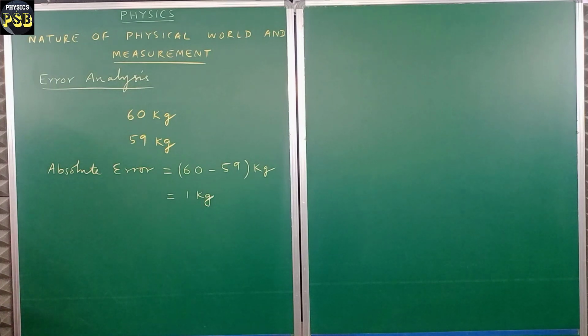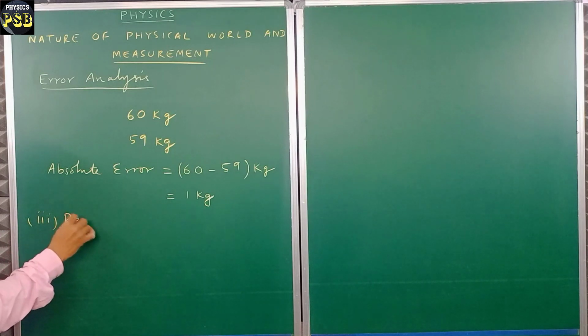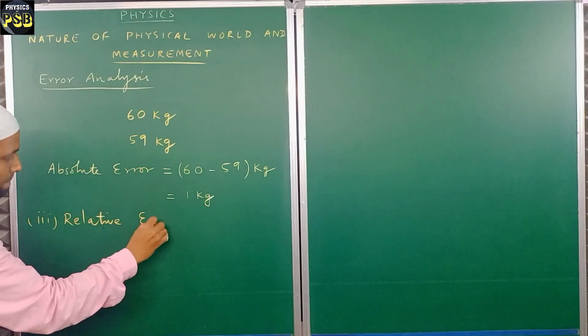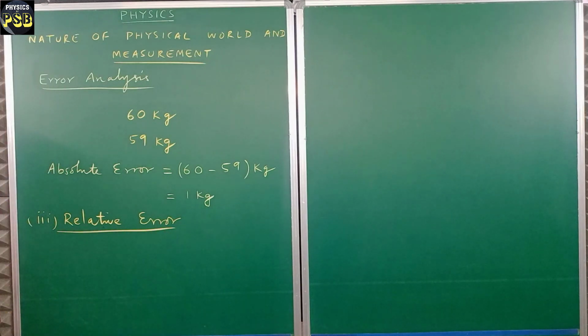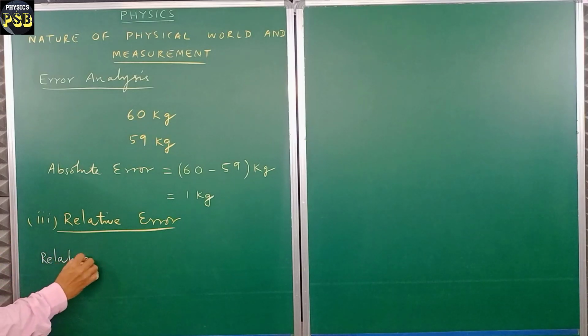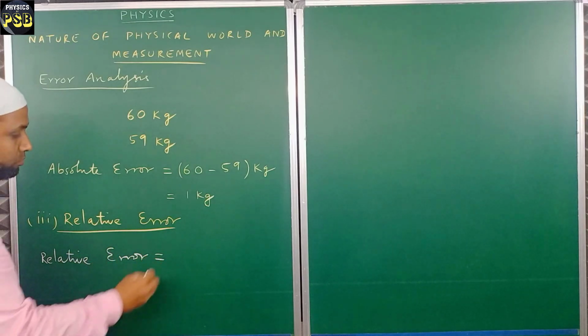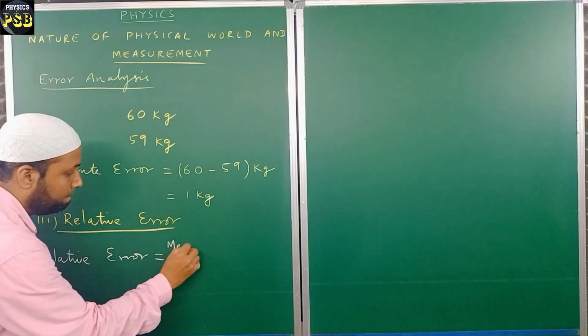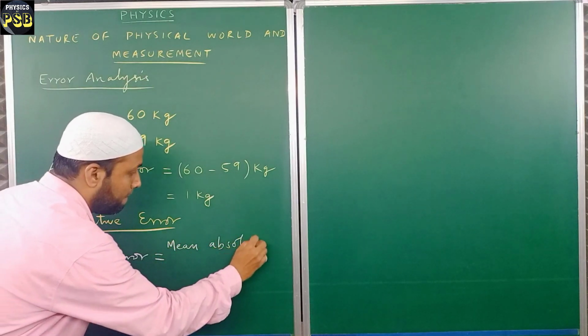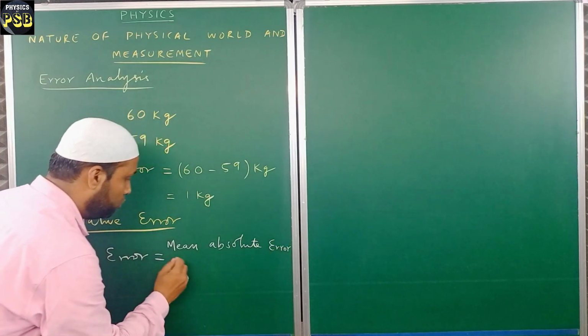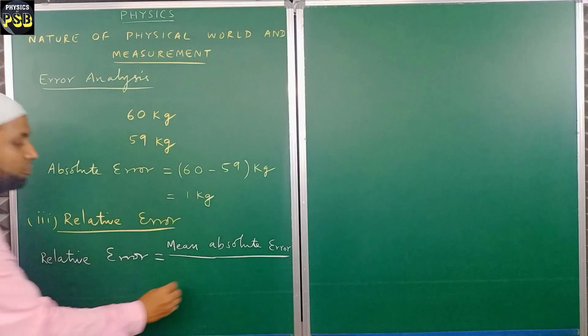Now let's discuss another way of analyzing error. This is called the relative error. The relative error is nothing but the ratio of the mean absolute error to the mean value.